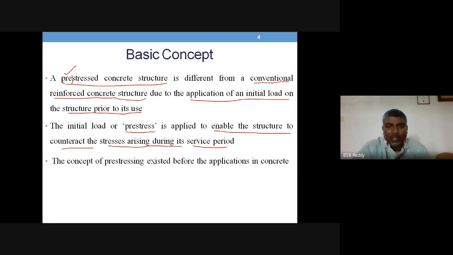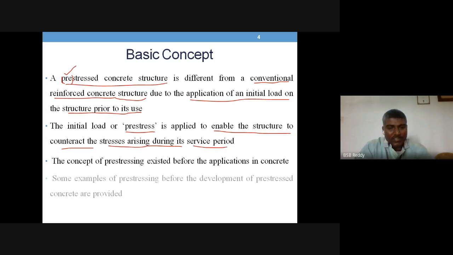In fact, the concept of pre-stressing existed even before concrete applications. Even when you didn't have a concrete structure, pre-stressing existed.